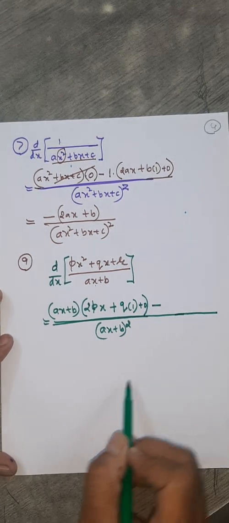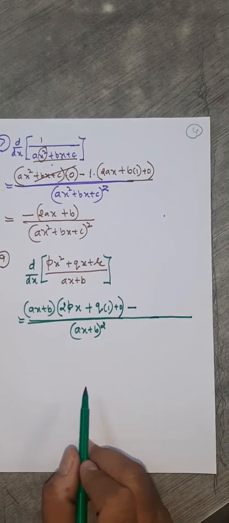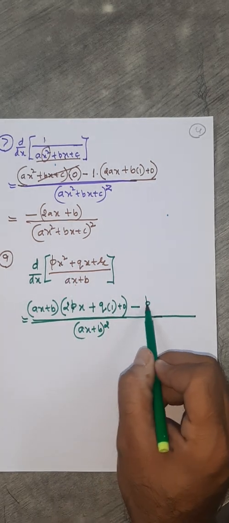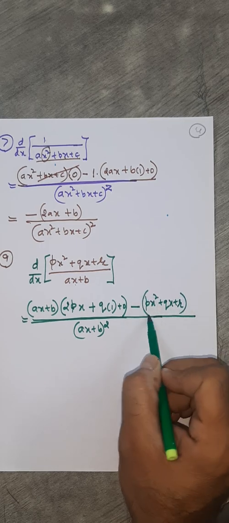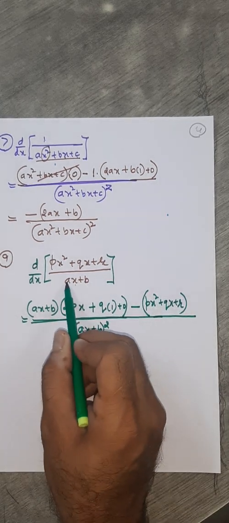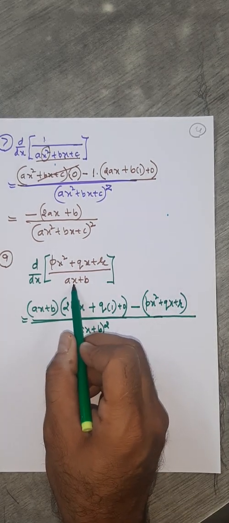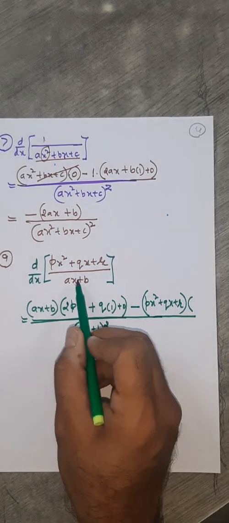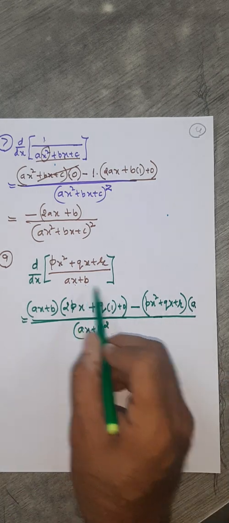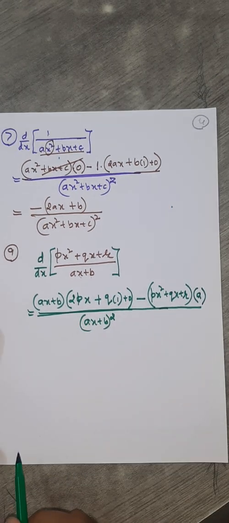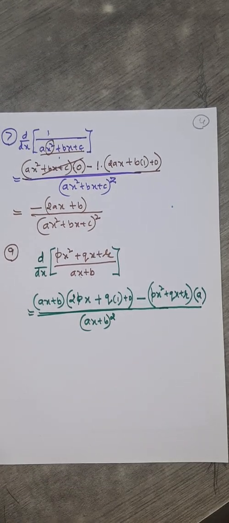Minus, now minus, which one as it is? This (px square plus qx plus r) as it is. Differentiation of this: a being constant with the function as it is, differentiation of x with respect to x is 1. So a into 1, that is just a. b being constant alone, derivative is 0 here.